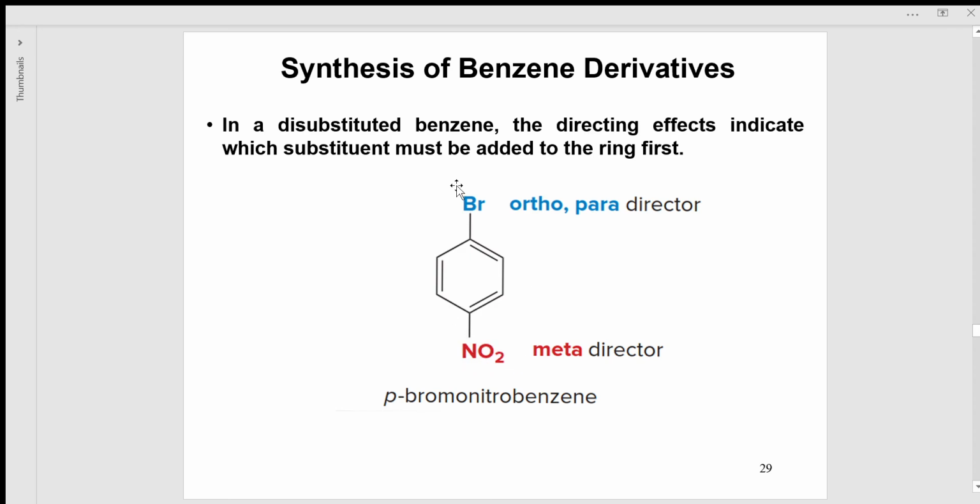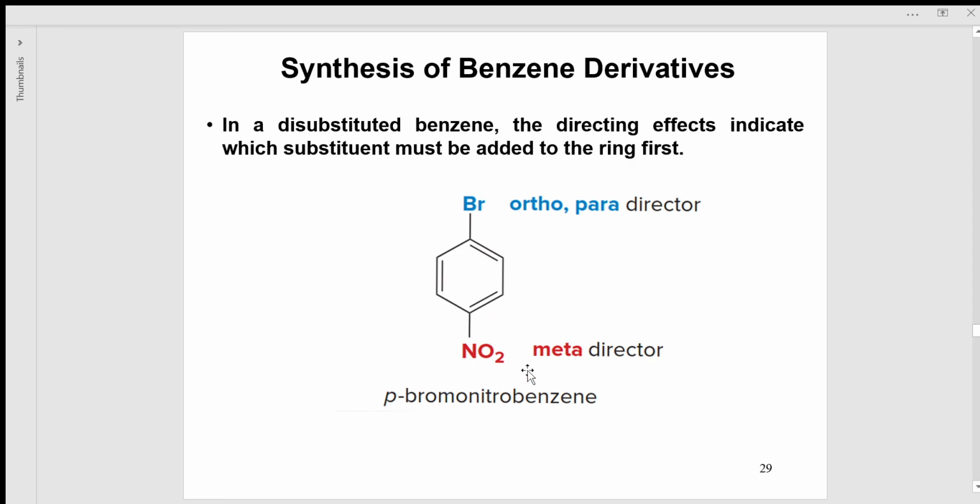Let's take a look. If we introduce this bromine group first, and forget about the nitro, this would be the second step. With the table we can check bromine is an ortho para director. This is ortho, this is ortho, this is para.